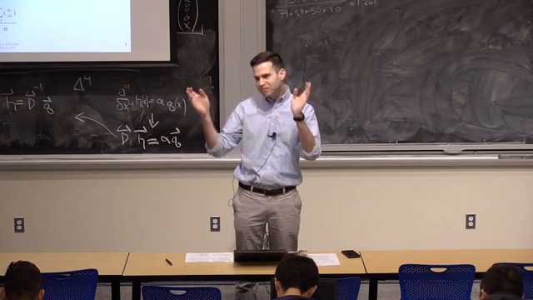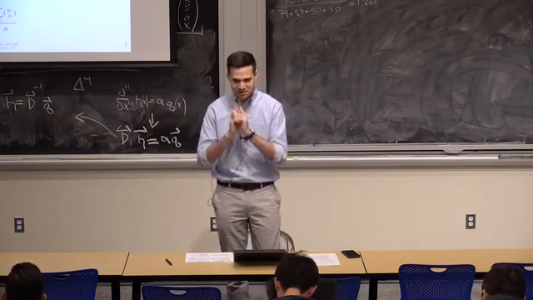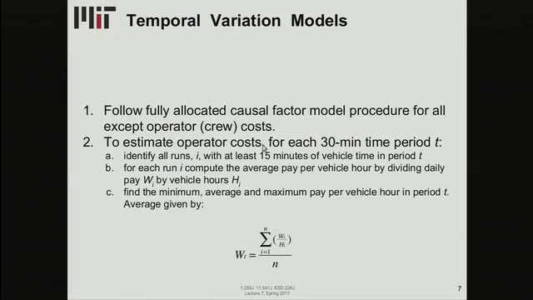It's their shift, right? It's a sequence of trips that are being operated by a single driver. And we look at all runs and all periods, and for each period, any run that has at least 15 minutes in that period gets included in that period, right? And then we compute the average pay per vehicle hour by dividing the daily pay by the number of vehicle hours over all runs in that period.